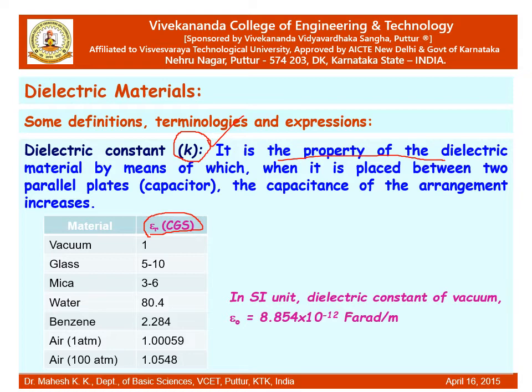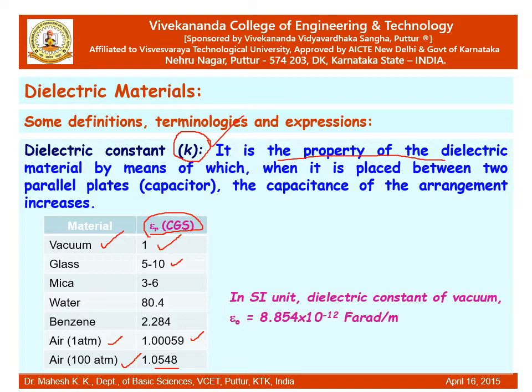Now, for a material like vacuum, epsilon r or K is equal to 1. For glass, it is 5 to 10. For mica, it is 3 to 6, like that. For atmospheric air we usually take it as 1, but the value is around 1.00059. And with pressure it is going to change. Air at 100 atmospheric pressure, the epsilon r is going to increase a bit.